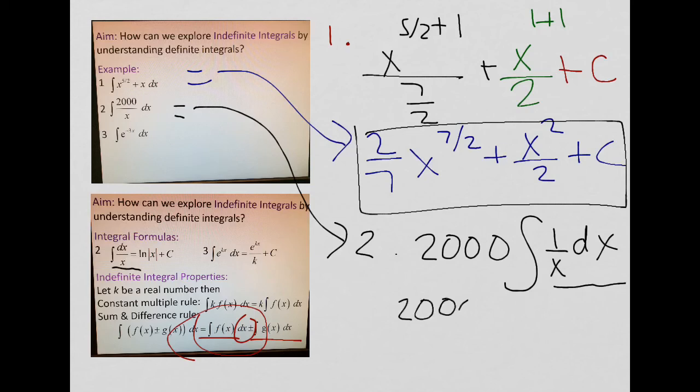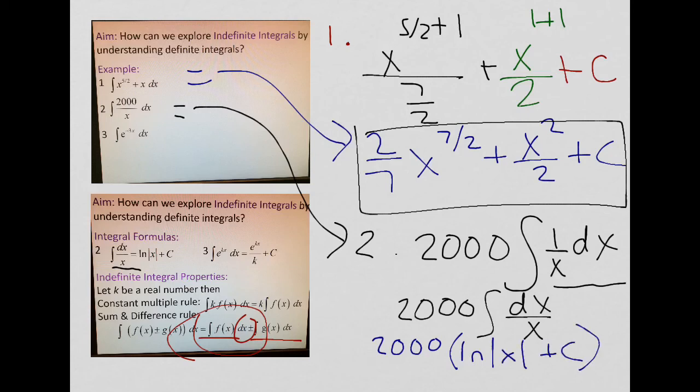You don't have to write this part, but I just want to show some students it is that formula. So that means I'm going to have 2,000 times the ln of the absolute value of x plus c.